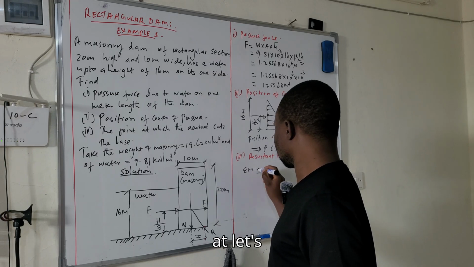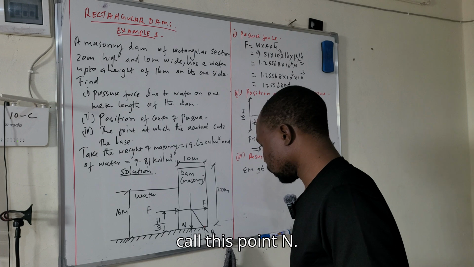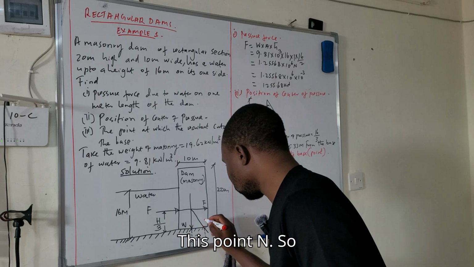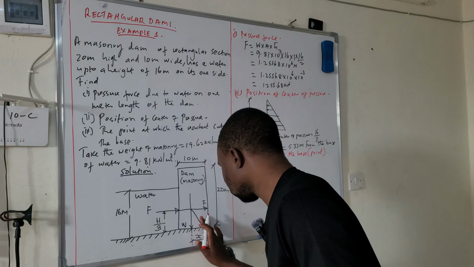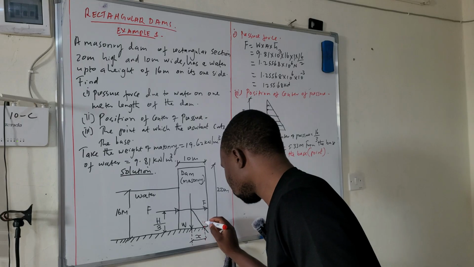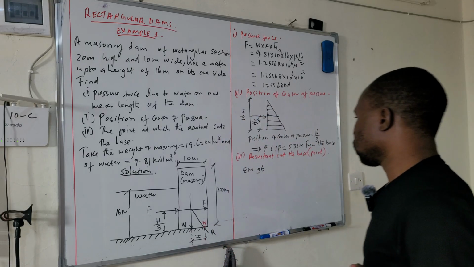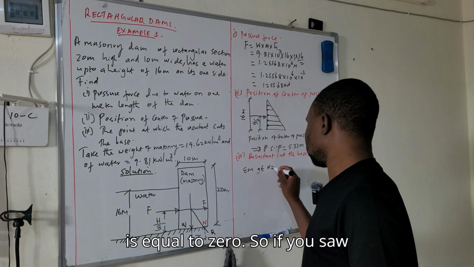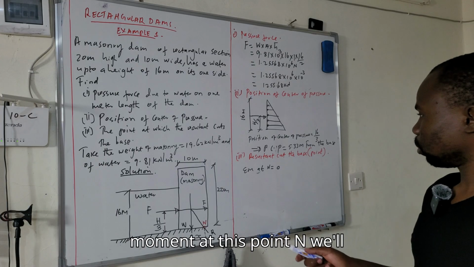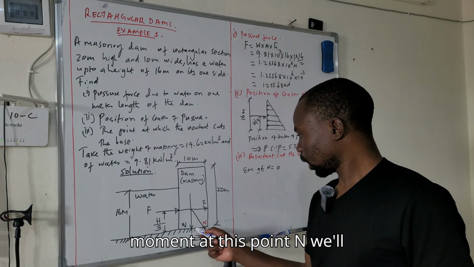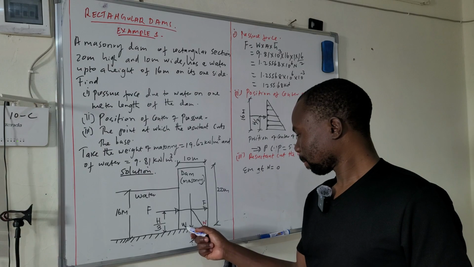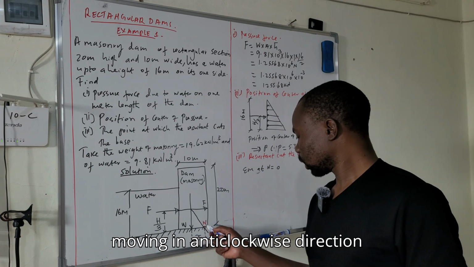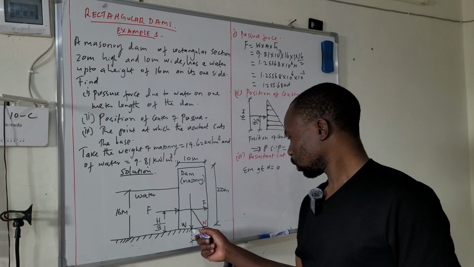So let's call this point N. So summation of moment at N is equal to 0. If you sum moment at this point N, we'll have this W as the weight of the dam moving in anti-clockwise direction, as you can see.